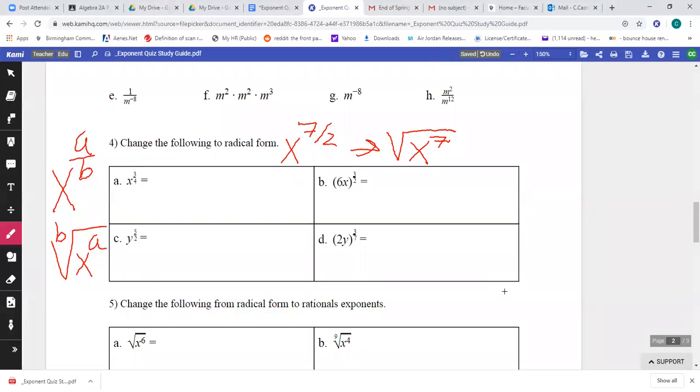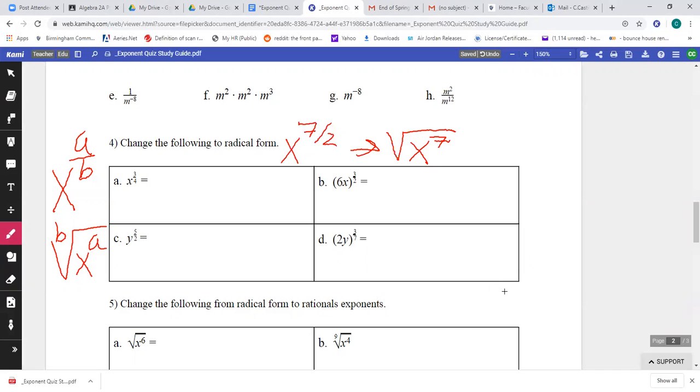Because when you first learn about roots, we talk about square root. So when you do not put a number there, it is the square root. So a denominator of 2 means there's no number in the root. Any other denominator, you would actually put a number there.